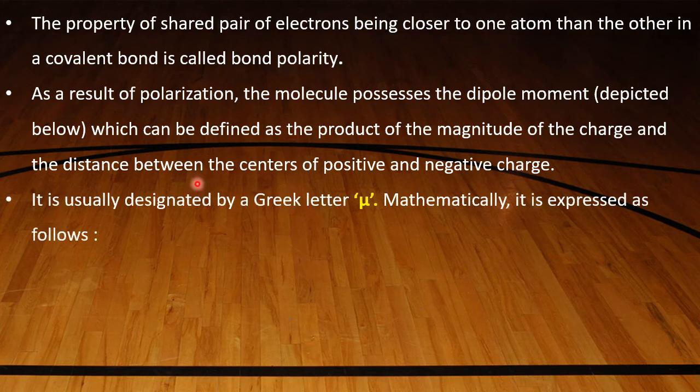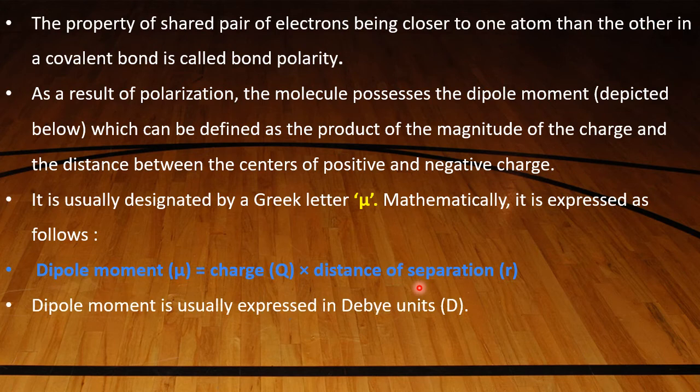This dipole moment is designated by the Greek letter mu. The same symbol we use for the refractive index of a material, especially of the prism. The formula: dipole moment, mu, equals charge into distance of separation, q into r. The dipole moment is measured in a unit known as Debye units. Debye is the scientist, Peter Debye, who did research work on the dipole moment.